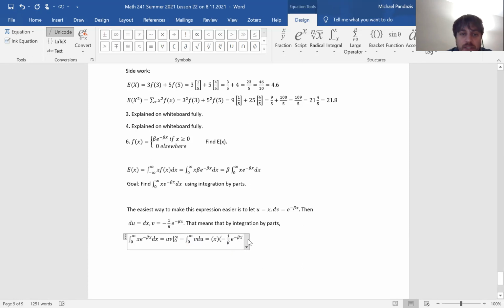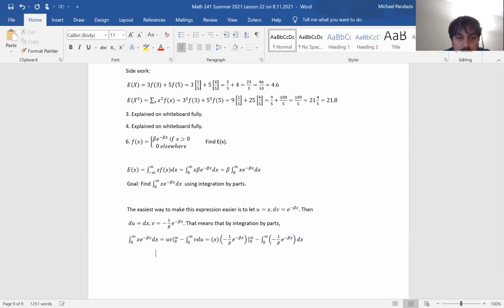Okay, so that's uv, evaluated from 0 to infinity, minus the integral from 0 to infinity of v, which is without the minus sign, du, which is dx.